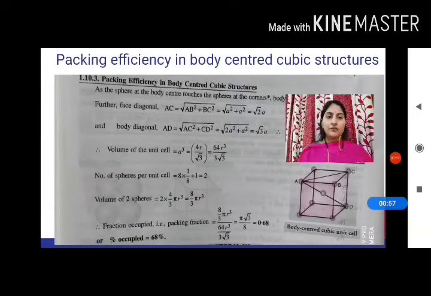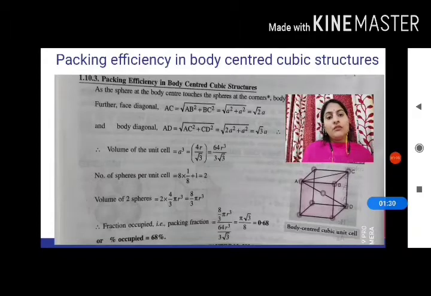Now the volume of the unit cell or the volume of the cube would be a cube, that is the side cube. So it can also be written in the form of (4r upon root 3) cube. By simplifying it, we'll get 64r cube upon 3 root 3. Now the number of atoms per unit cell for the BCC is 8 into 1 upon 8 plus 1, that is 2.